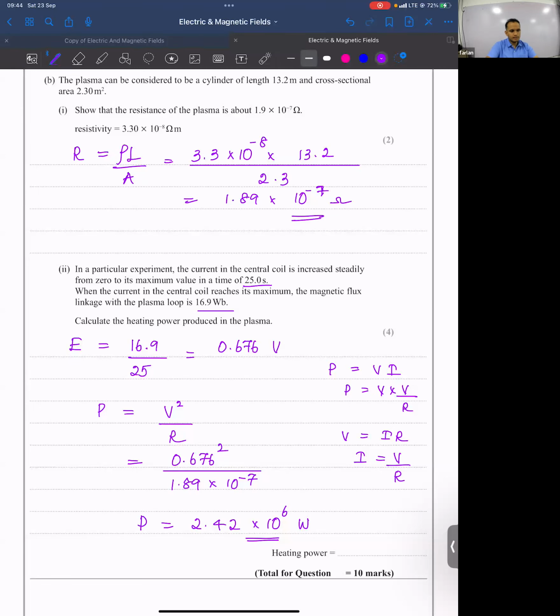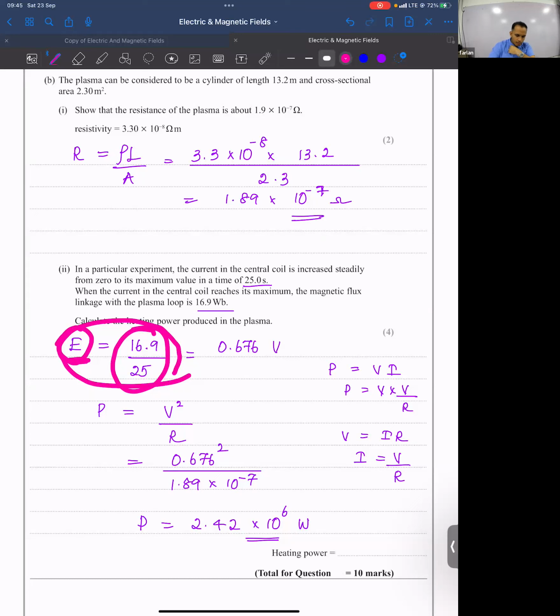Are you getting this answer? Here the E is the EMF induced. EMF induced is equal to rate of change of magnetic flux linkage.